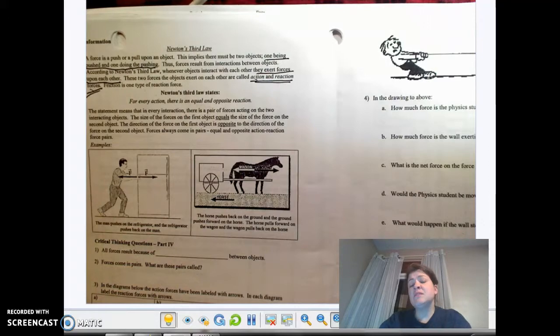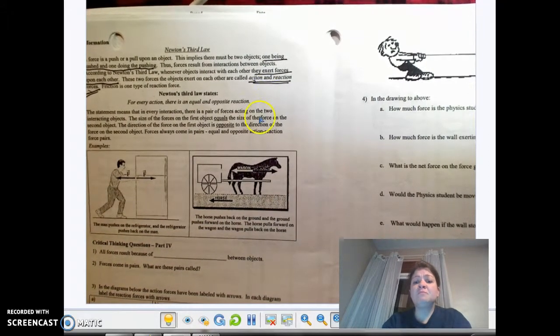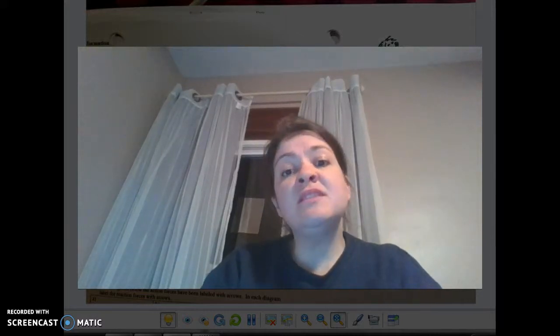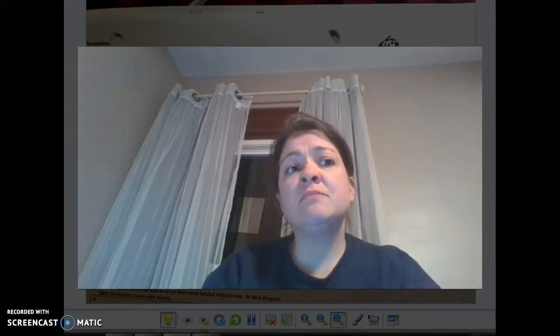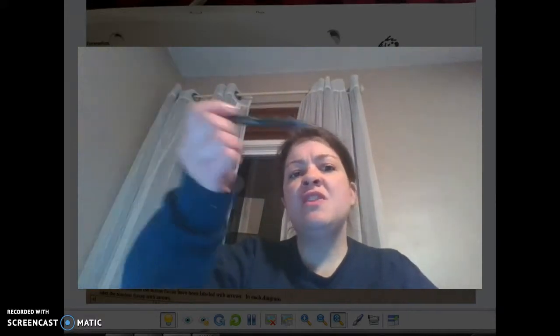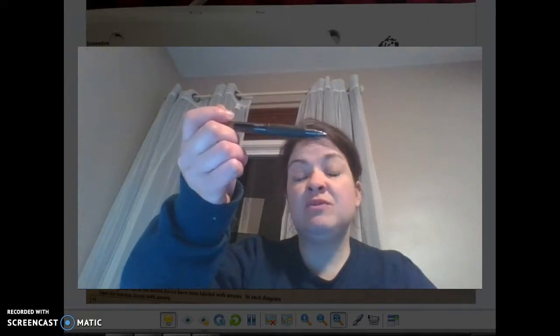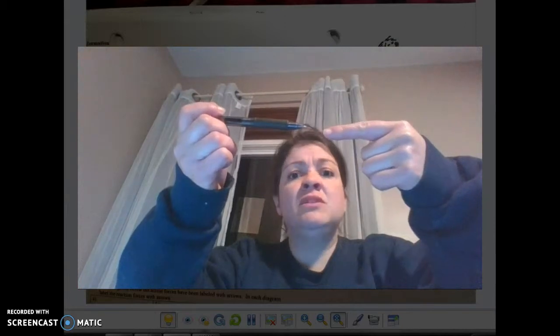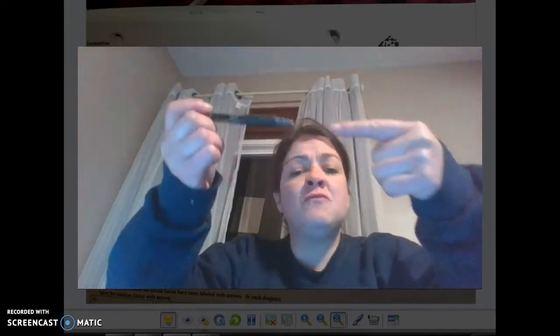And so this can sometimes be confusing. Let me see if I can do this and then make it small again. This can be confusing because you say, if you exert a force this way and it's 5 newtons, and then you exert a force this way and it's 5 newtons, then what should your net force be?